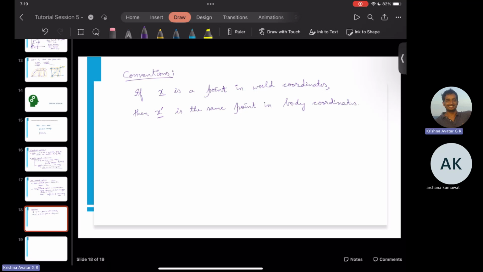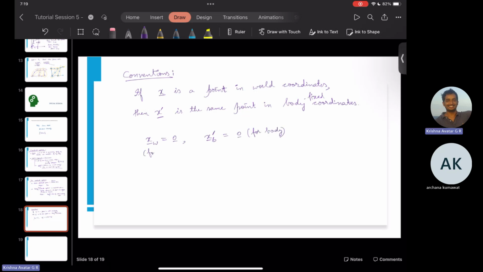So this means we use the prime to determine whether the point is expressed in body fixed coordinates or not. Which means that x_w is just the origin for the world coordinate system. Likewise, for the body fixed coordinate system, x_b prime is equal to 0.